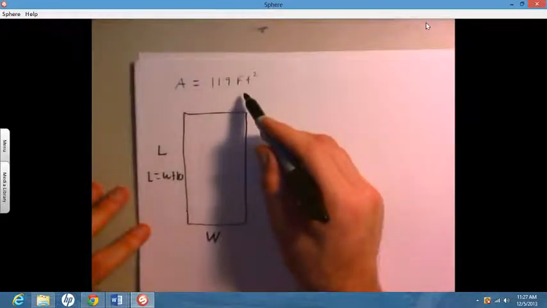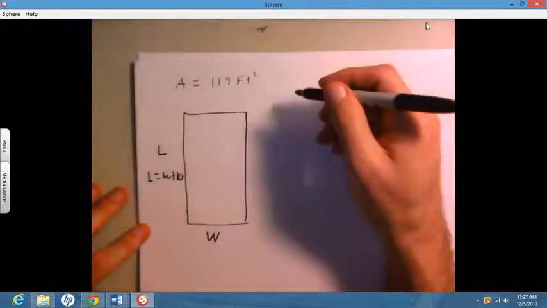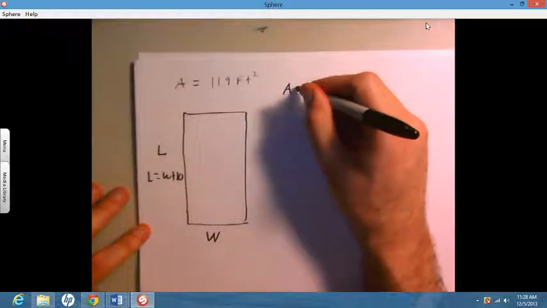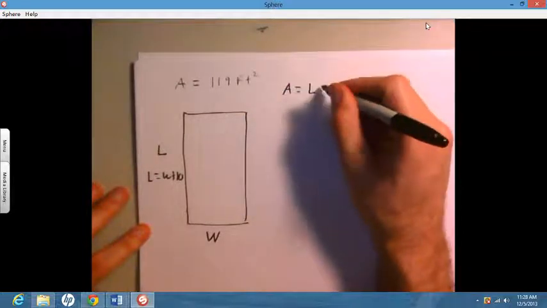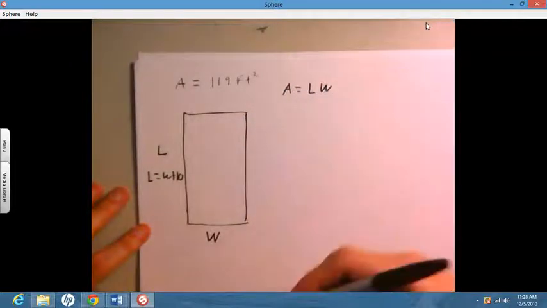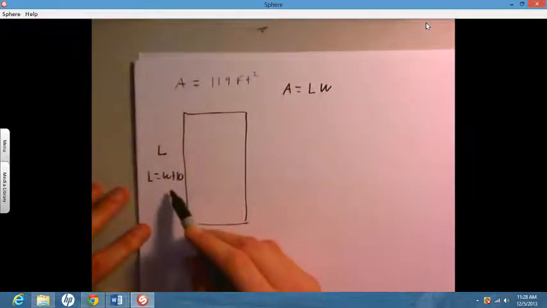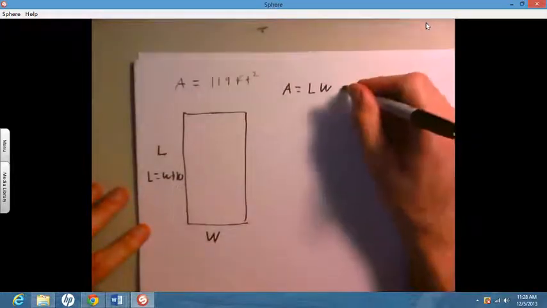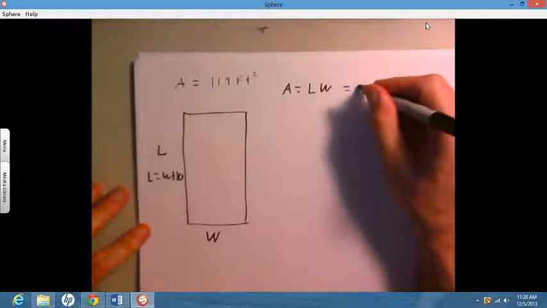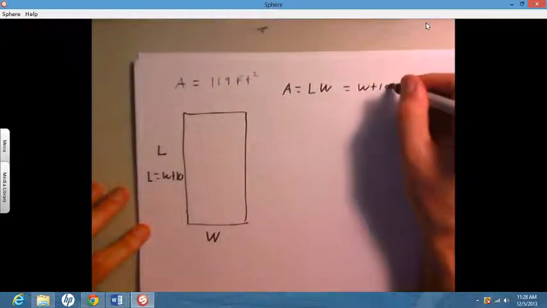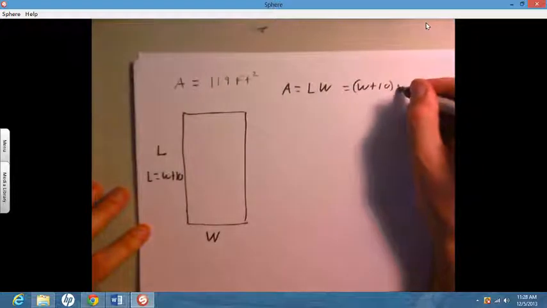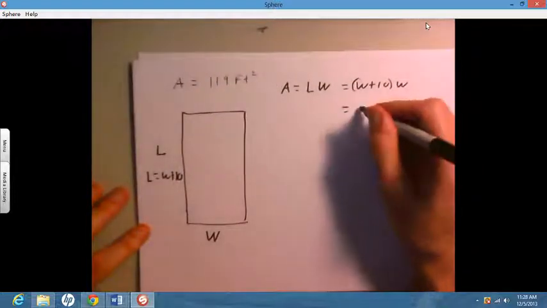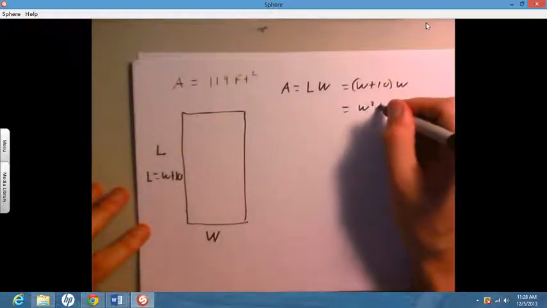In order to do that, we want to recall that the formula for the area of a rectangle is just length times width. But we know from the problem that the length is equal to w plus 10. So this is equal to w plus 10 times w, which evaluates to w squared plus 10w.